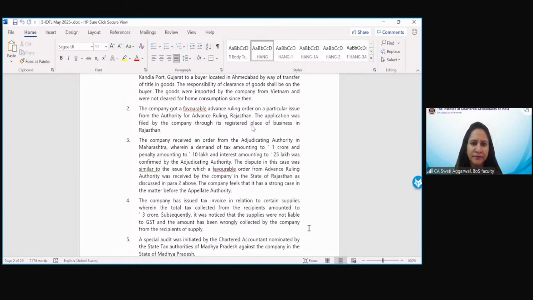Sharing your answer. Pre-deposit is an important concept. Generally, during examination, we get questions on the amount of pre-deposit to be made.